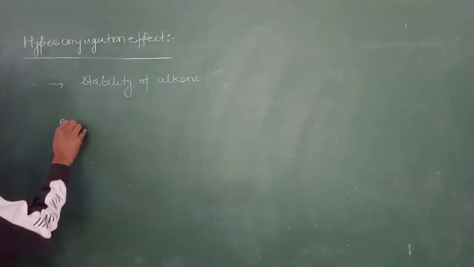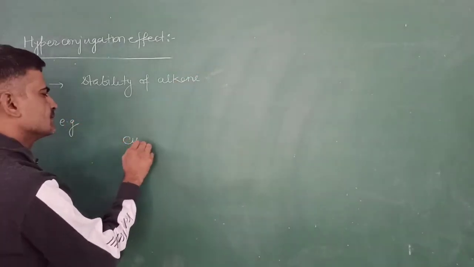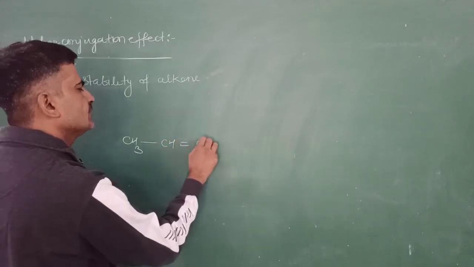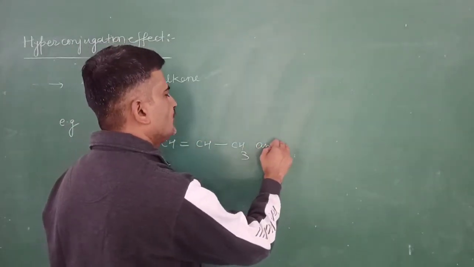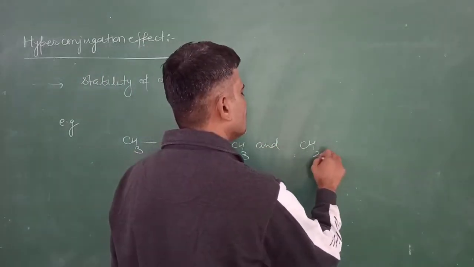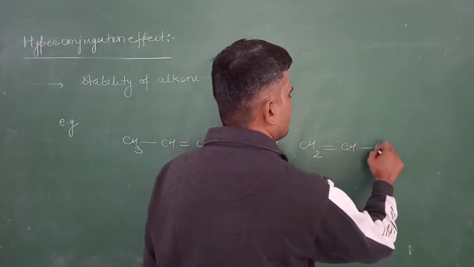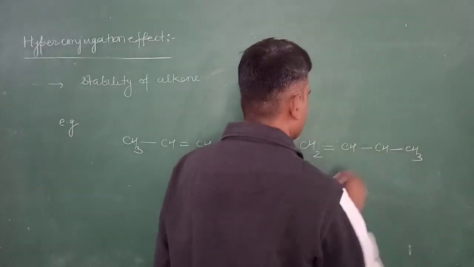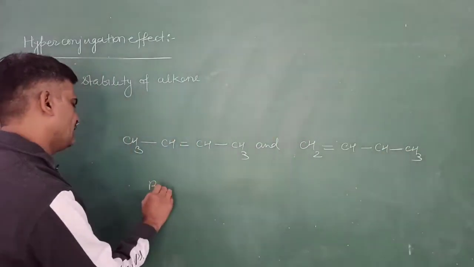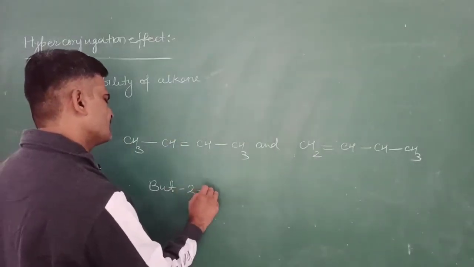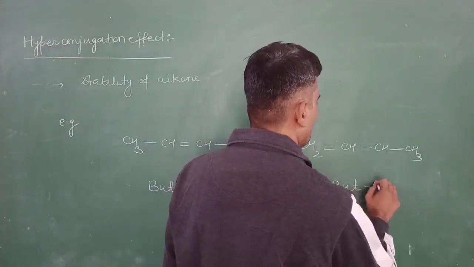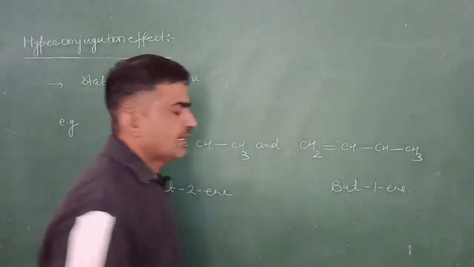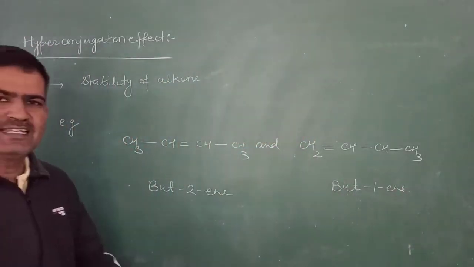Now we take the example of but-2-ene and but-1-ene. This is the example of but-2-ene and this is but-1-ene. In that I will try to explain which alkene is more stable.